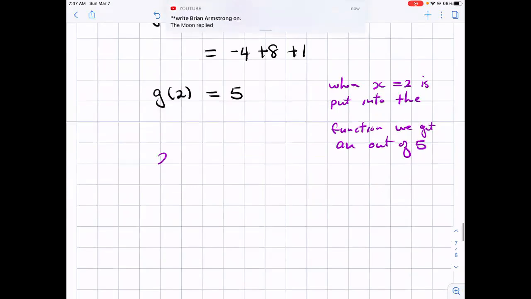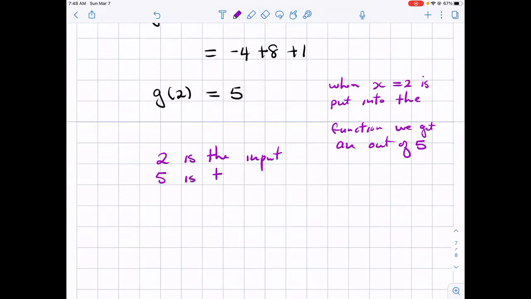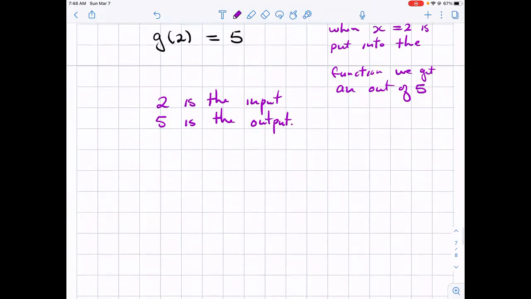So here 2 is the input, 5 is the output. That's what we're looking at. And we can continue. You don't have to just plug in numbers, right?